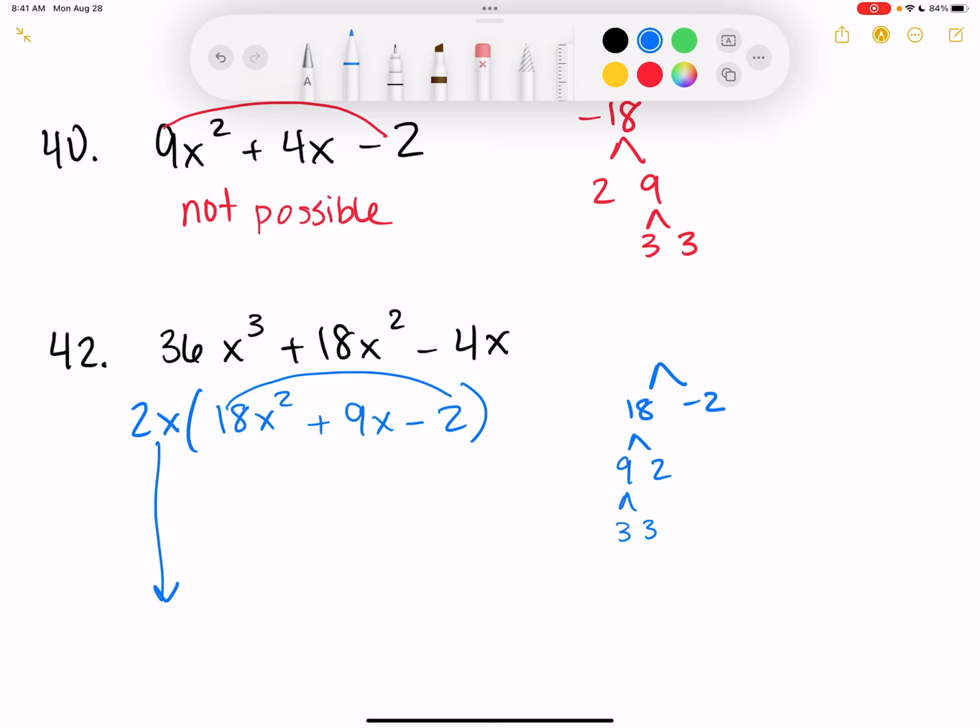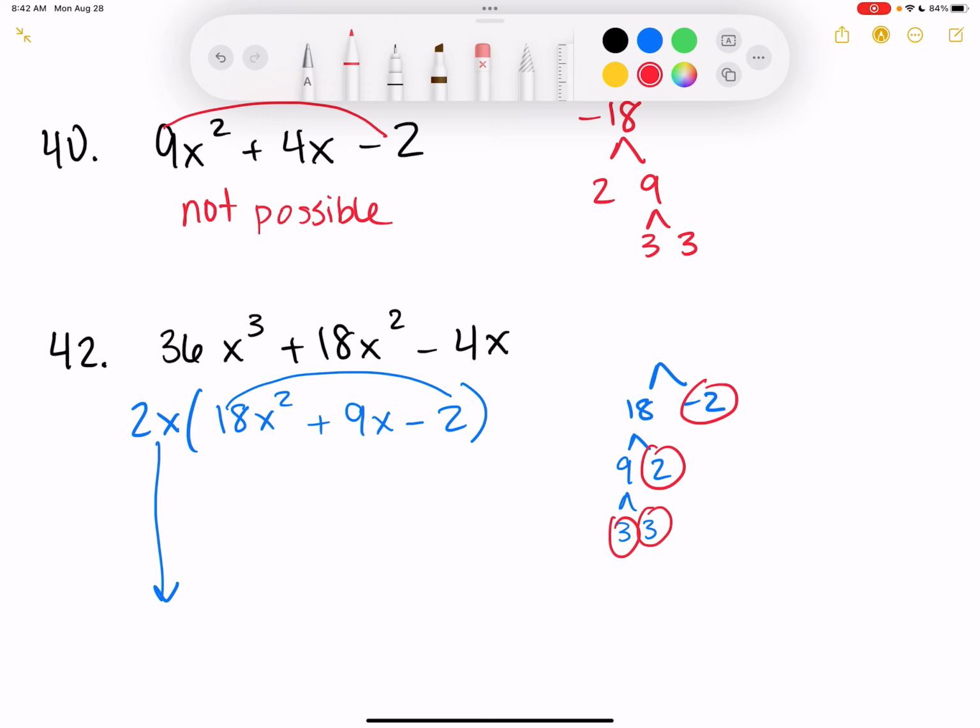Hold on, let me do a different color so you can see it better. This one, this one, this one, and this one. So we have to use all of them. And one number needs to be positive and one needs to be negative. So you can test stuff like 18 and negative 2.